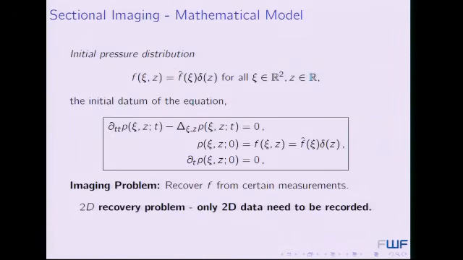So now I come to the mathematical model, and the model is that I assume the imaging is focused to a slice, to a plane. So the function f, which I want to image, can be written as a function of two variables in the plane, and the excitation is taken into the z coordinate.